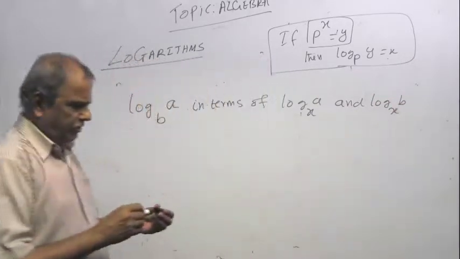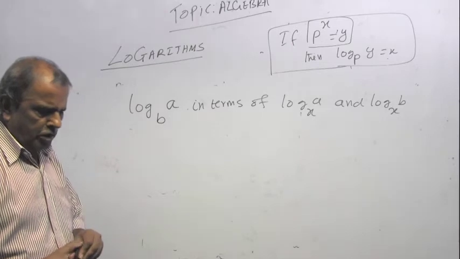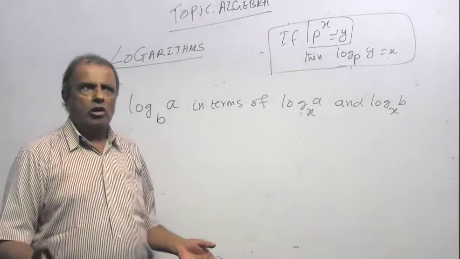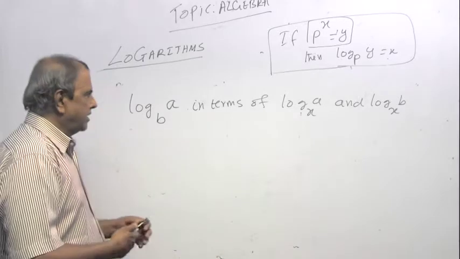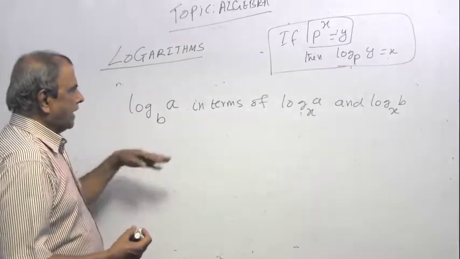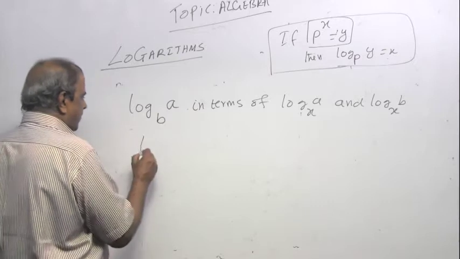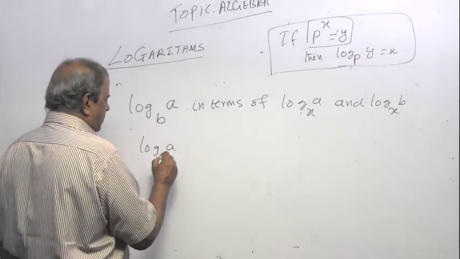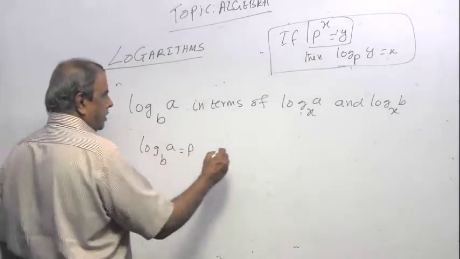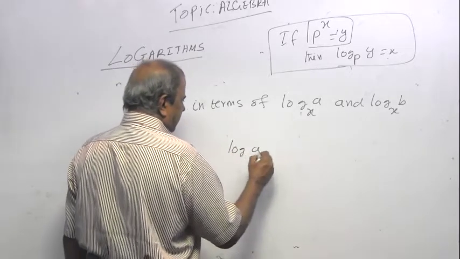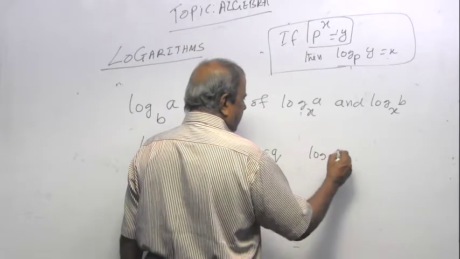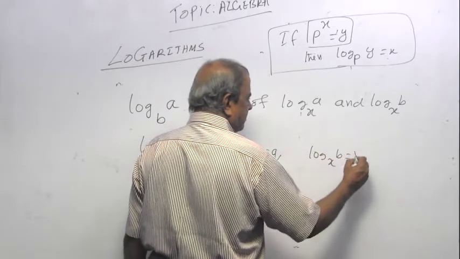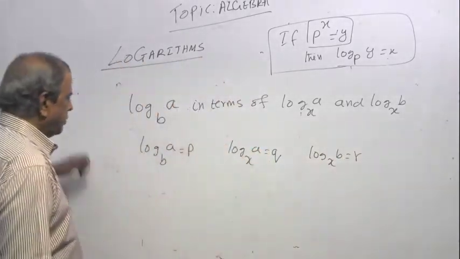Sometimes you come across logarithm of 4 to base 2 or logarithm of 17 to base 5. How are you going to do that? So, I need to find a relation. So, let's call log a to base b as p, log a to base x as q, and log b to base x as r. I'm indirectly doing the proof.